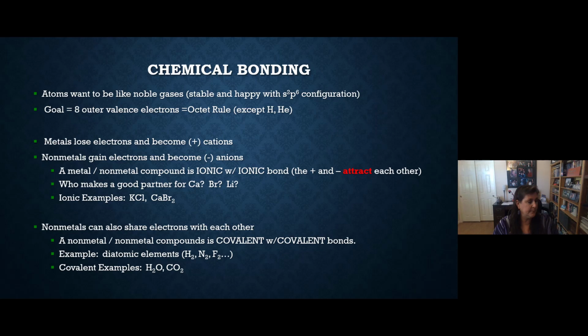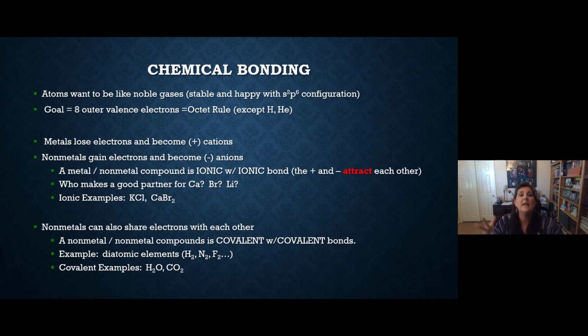Now let's talk about metals. The metals on the left side of the table tend to lose electrons. Electrons go away. When you lose negativity, you become more positive. So metals tend to become positively charged cations. Now the nonmetals, there's not that many of them on the right side of the table, not the noble gases, they're already stable. But the other nonmetals, and hydrogen as well, can gain electrons and become negative anions.